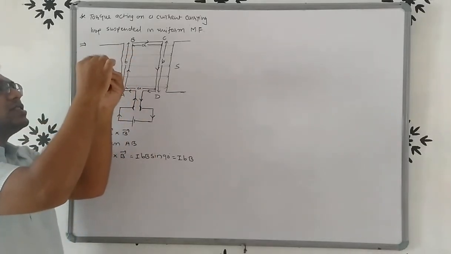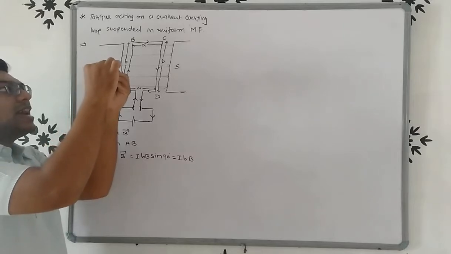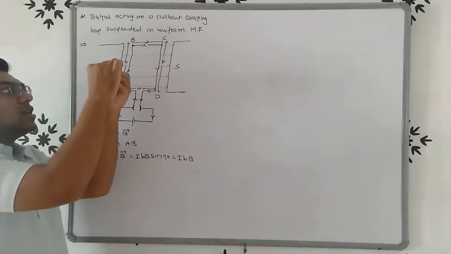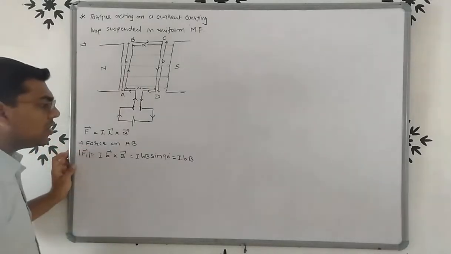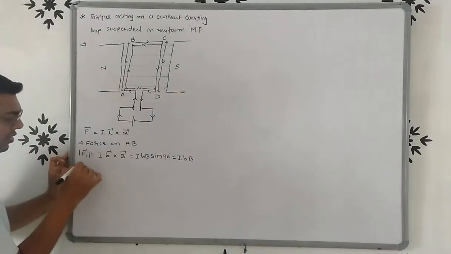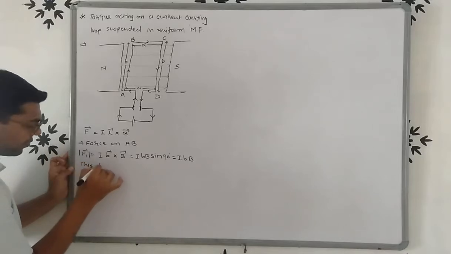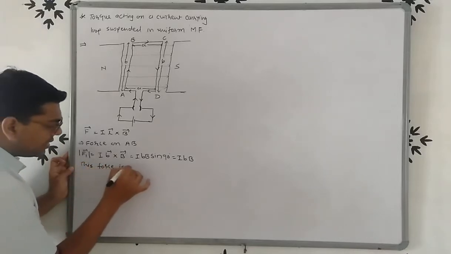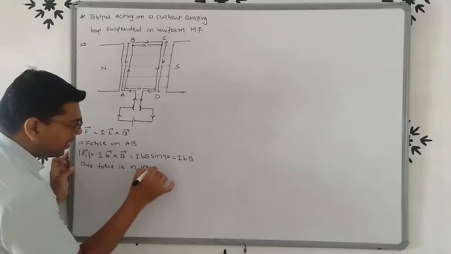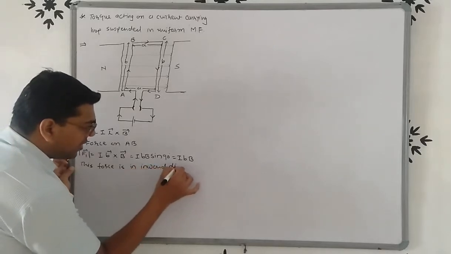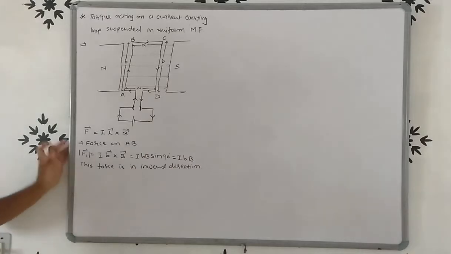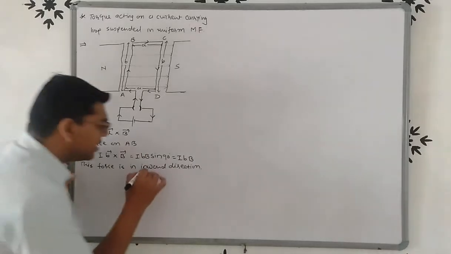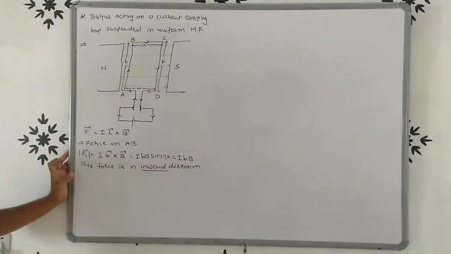If you move the screw to the right, then the direction of motion of the screw is inward. So the direction of the force on AB is inward.